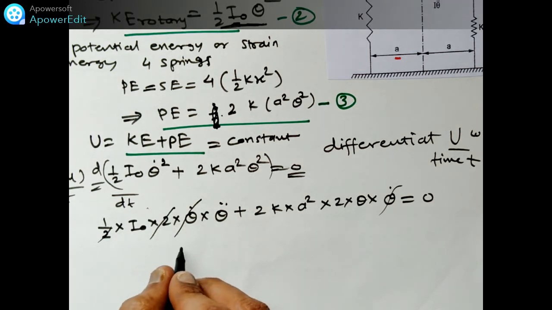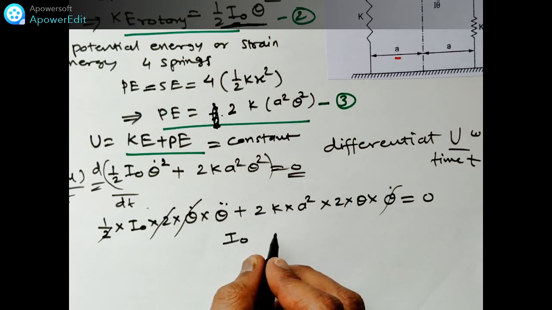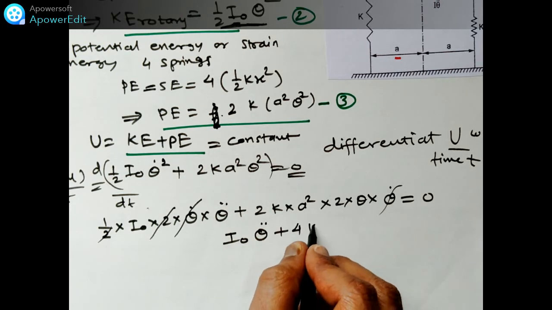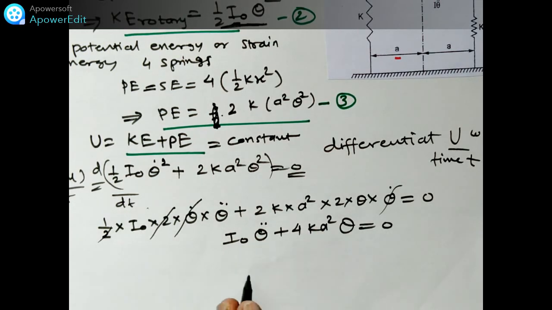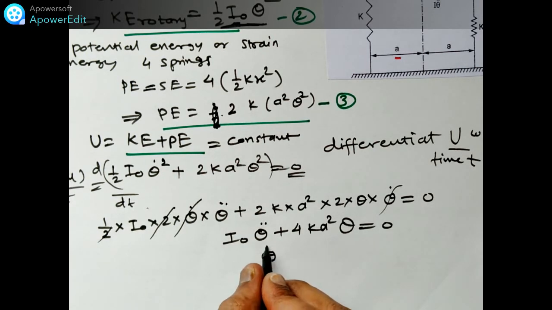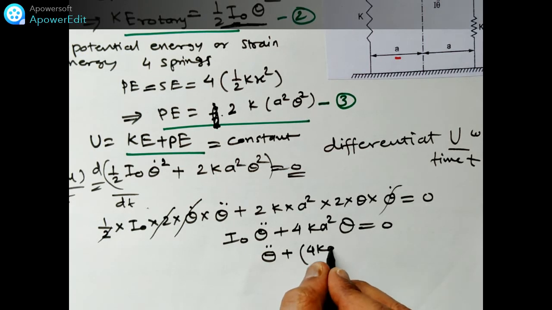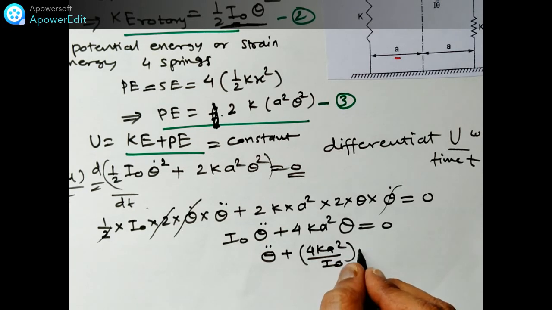So what is the remaining? I will write here directly: I0 theta double dot plus 4 times ka square theta is equal to 0. So the remaining is theta double dot plus 4 ka square divided by I0 into theta is equal to 0.